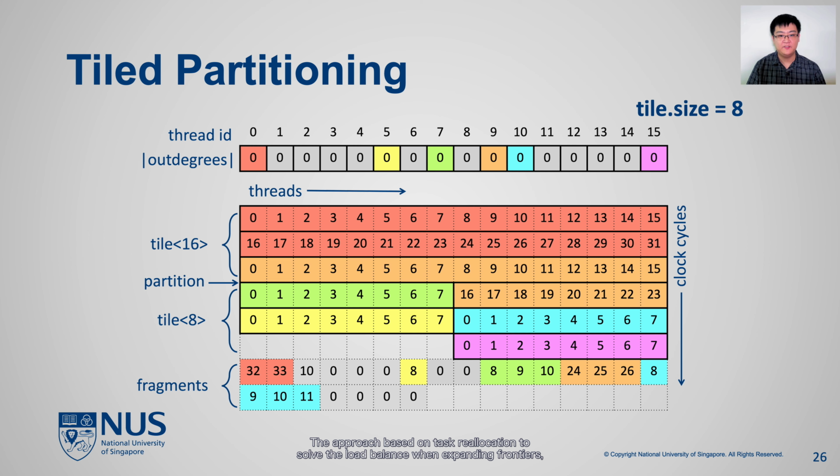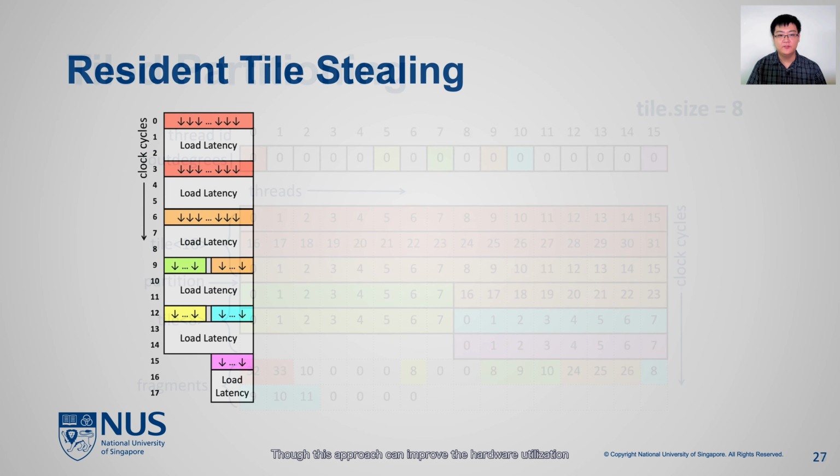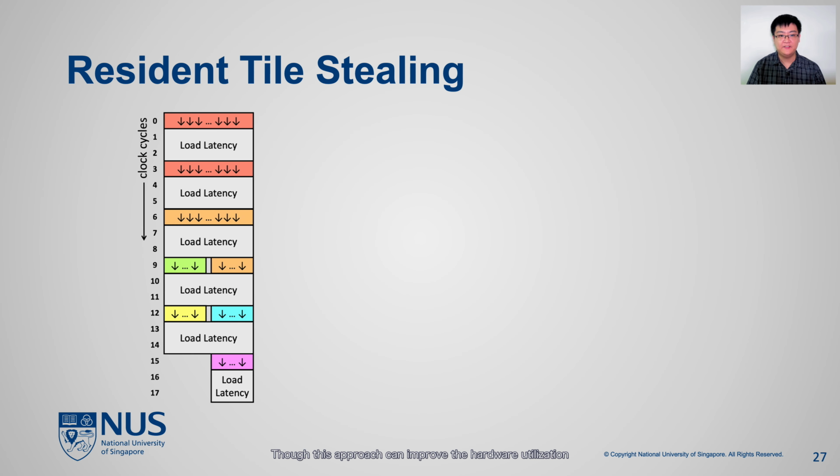The approach based on task reallocation to solve the load balance when expanding frontiers is essentially to split a frontier's out-degrees into multiple threaded partitions with specific sizes, and then handle each partition in parallel by adjusting the size of the CG dynamically. Though this approach can improve the hardware utilization and parallelism when processing imbalanced graph data, there still exist several major disadvantages.